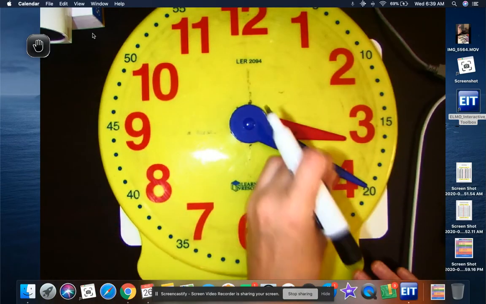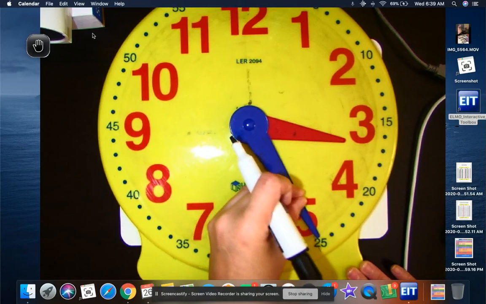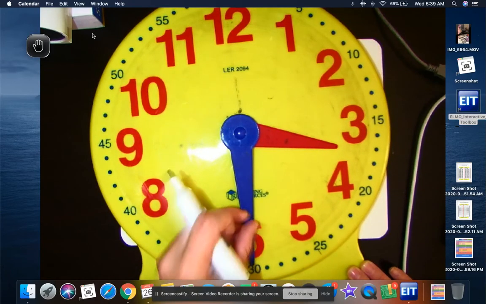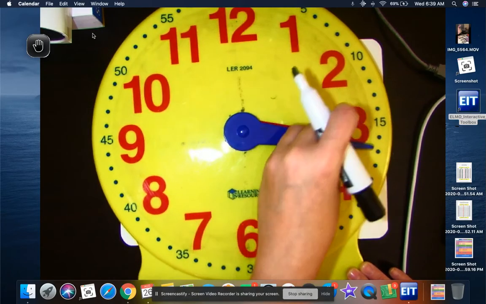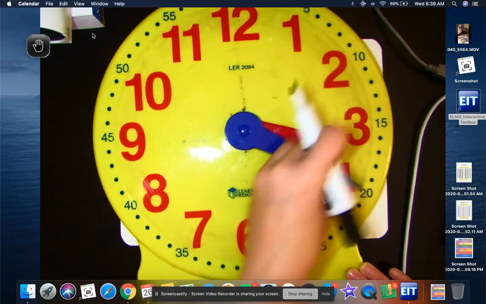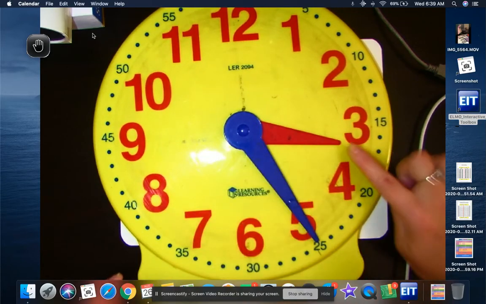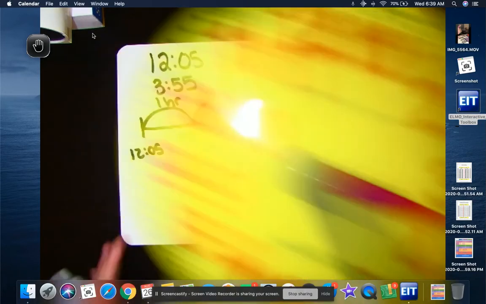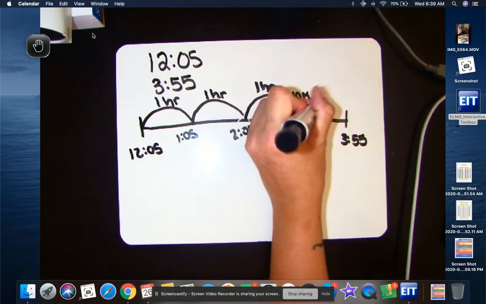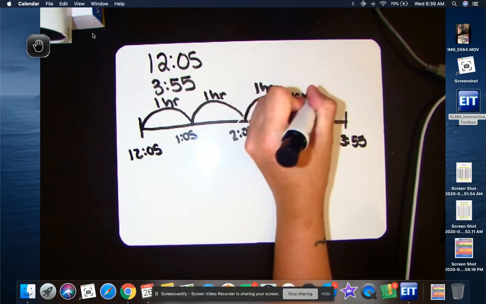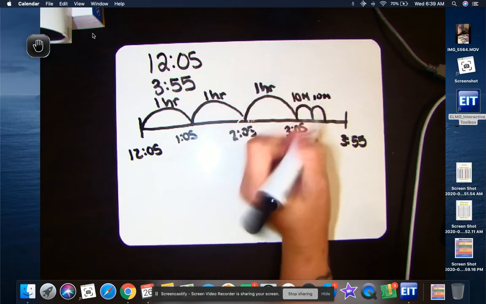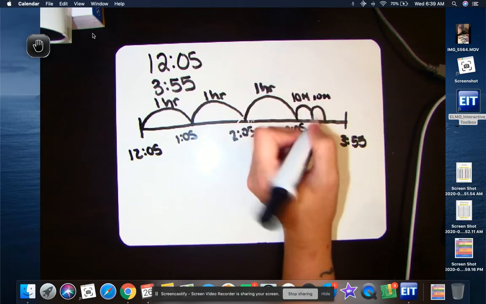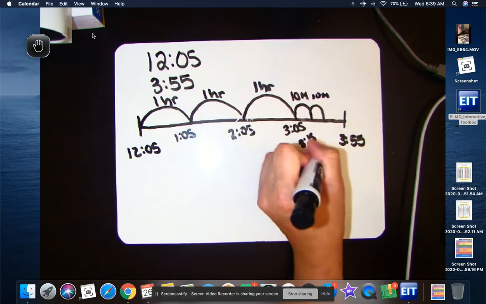Let's do another 10 minutes. Sorry, we were at 3:15. 5, 10. So now I am at 3:25. Another small jump of 10 minutes, and I'm at 3:25.